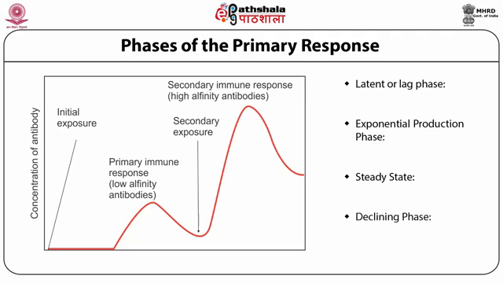Finally, there is a decline phase when the immune response slows down and the antibody concentration declines rapidly. Generally, only one kind of immunoglobulin called IgM is synthesized during the primary response. If another kind of immunoglobulin, IgG, is synthesized, its formation is detected only after IgM concentration has nearly declined.